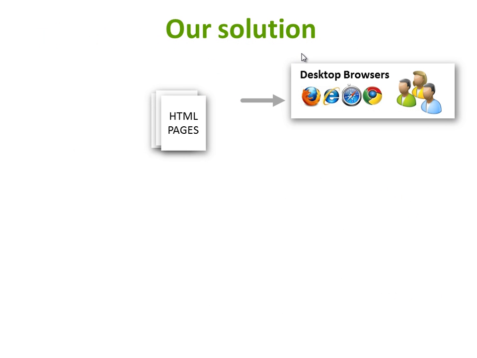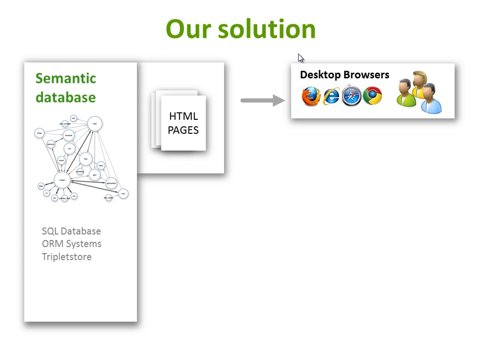And this is an area we've been working hard on, and the way we solve this is, of course, we still produce normal HTML pages consumed by desktop browsers. But unlike other systems, we put a semantic database at the heart of the CMS. This gives us much more structured data inside the CMS. This makes it possible to automatically generate additional semantic tags and inject that into the HTML.